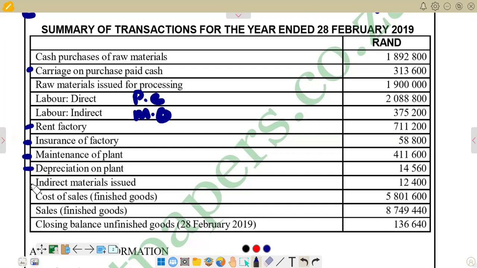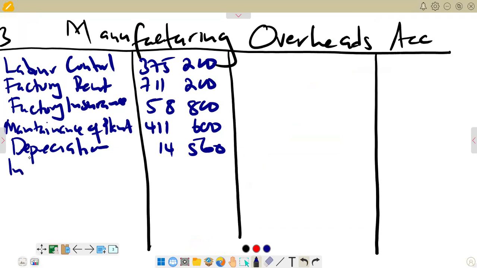so we're going to enter that as a complete double entry since we have all the accounts. Here we're picking 12,400 on the debit side of the manufacturing overheads, saying indirect material.